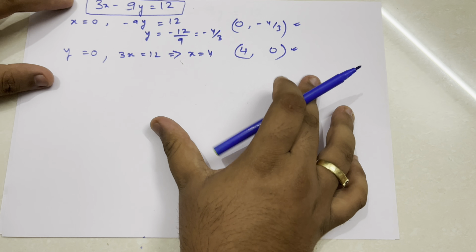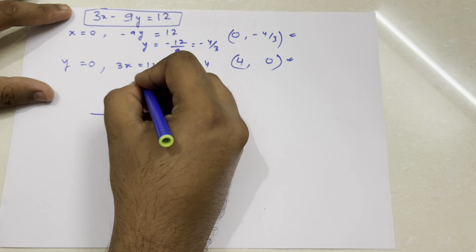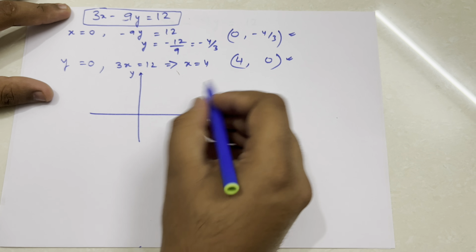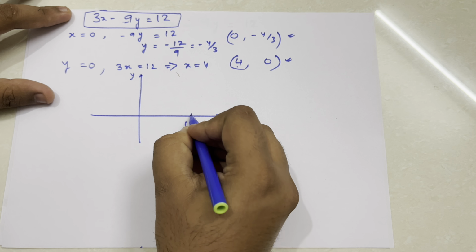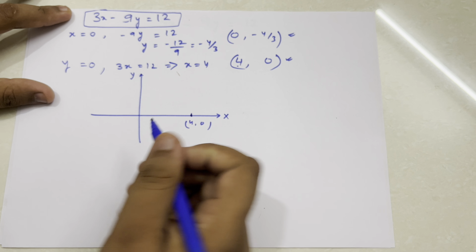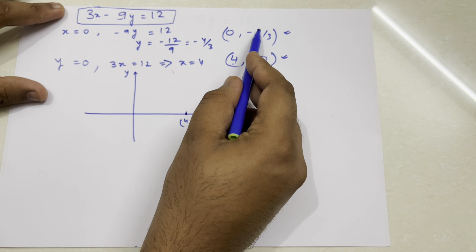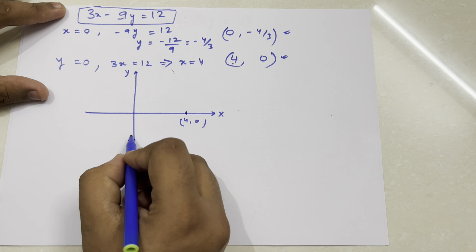Very simple. Now to sketch this, you just need to draw this line. This is the x-axis, this is the y-axis. (4, 0): x is 4, y is 0, somewhere here. So this becomes 1 point. Then (0, -4/3). This is a little bit more than 1, since 4 by 3 is approximately 1.33. So it will be somewhere here.